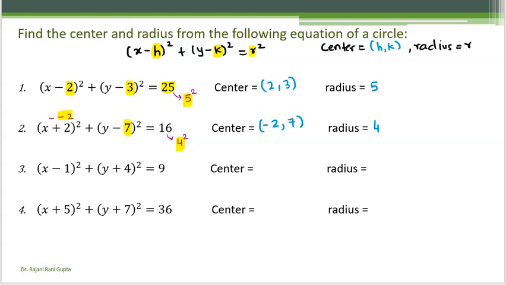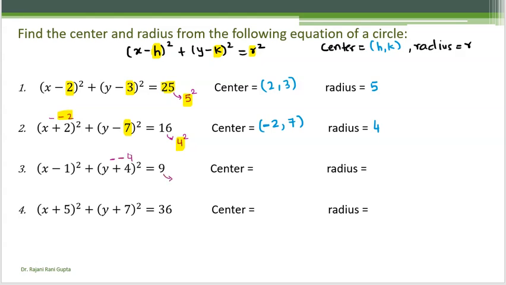Or in other words, if it is positive, change the sign to negative. If it's negative, change the sign to positive. Moving on to the next question. What you see here is (x - 1)^2 + (y + 4)^2 = 9. Plus 4 means you can write it as minus of minus 4.